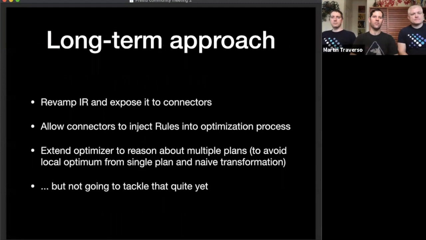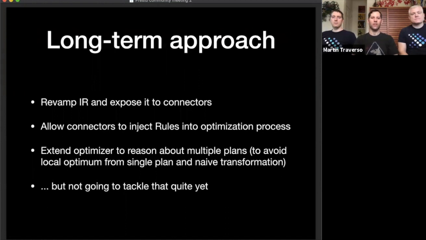There's a long-term approach, which we've talked about for a while. This is something that eventually we'll get to, but we don't want to have to sequence this set of features that seem to be very important for people behind this approach, which is basically revamping the IR and exposing it to connectors. Right now, it's not in a shape where we can commit to maintaining backwards compatibility.